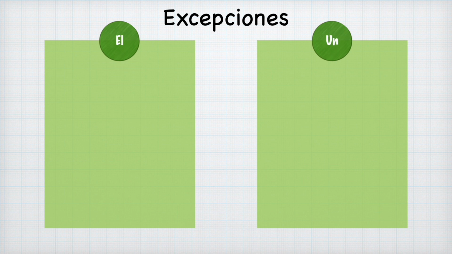Let's take a look at some examples to show what I mean. El águila, the eagle. Águila is considered feminine, especially because it ends in the letter A. But because the stress of the word is on the first letter A, águila, we're going to use el.